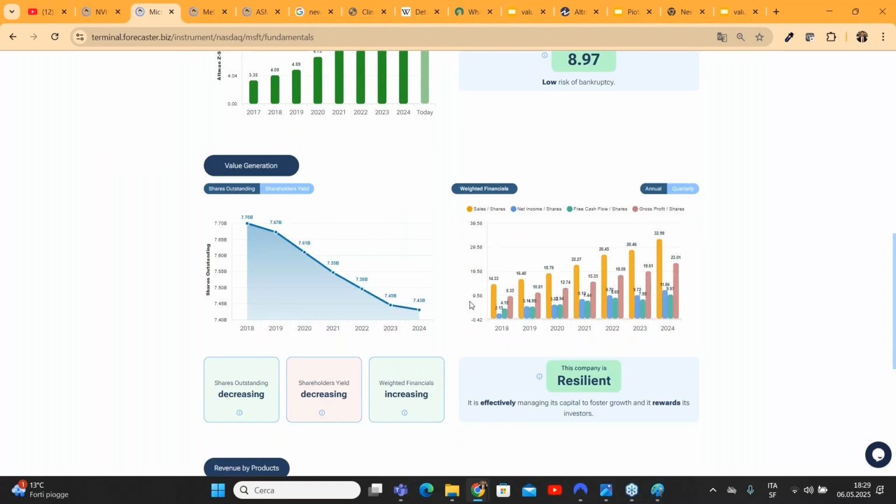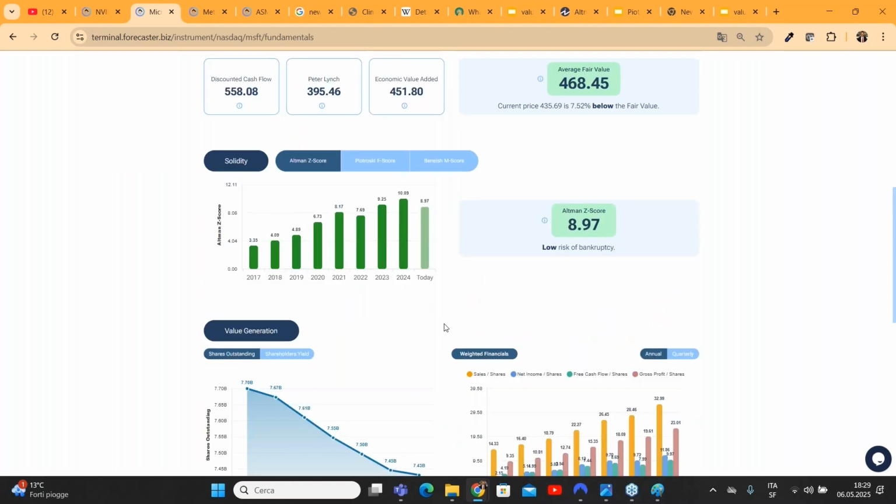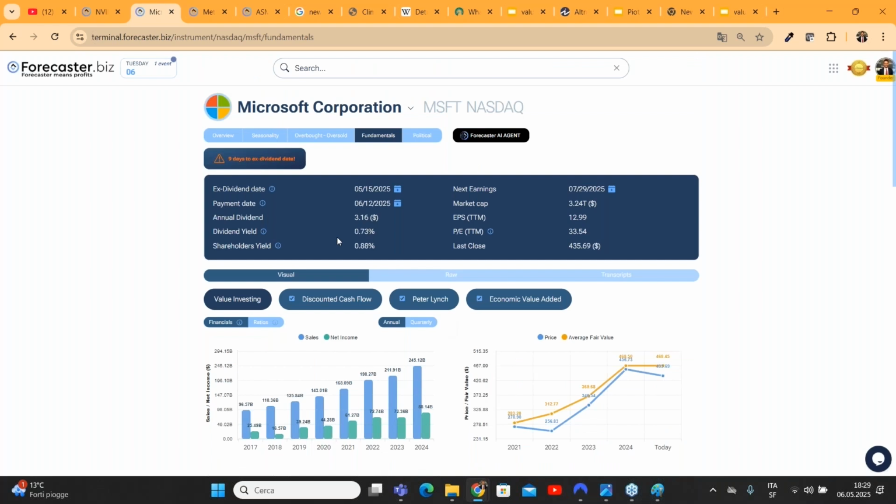Another interesting metric is the shareholder yield. Okay, if you are looking, for example, at a company, here we are on Microsoft, of course you have a dividend yield. This is the yield you get if you buy shares of the company, okay, just from the dividend. Of course, everything is explained.